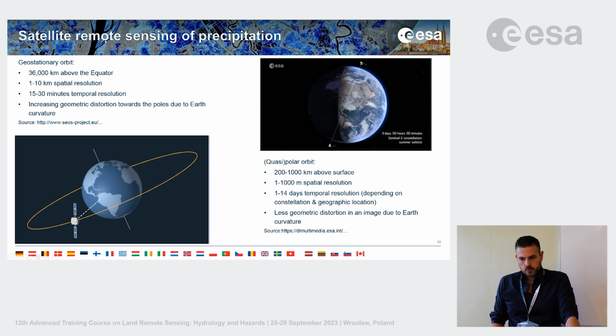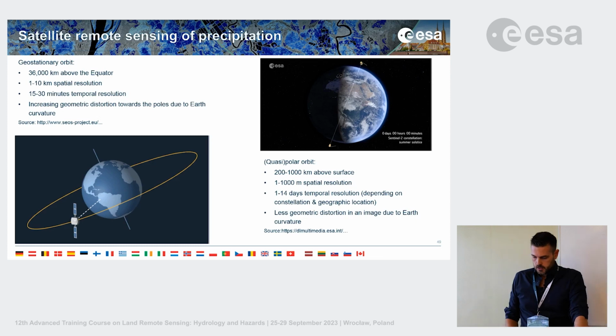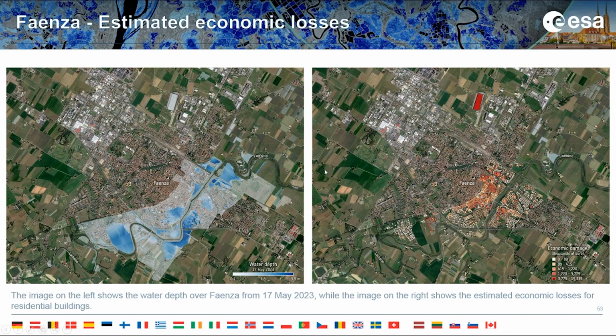And the outcome was, this is the affected area, and this was the effect seen using the remote sensing data. On the left side you see the water depth over Faenza, and on the right side there are the estimated economic losses for residential buildings.